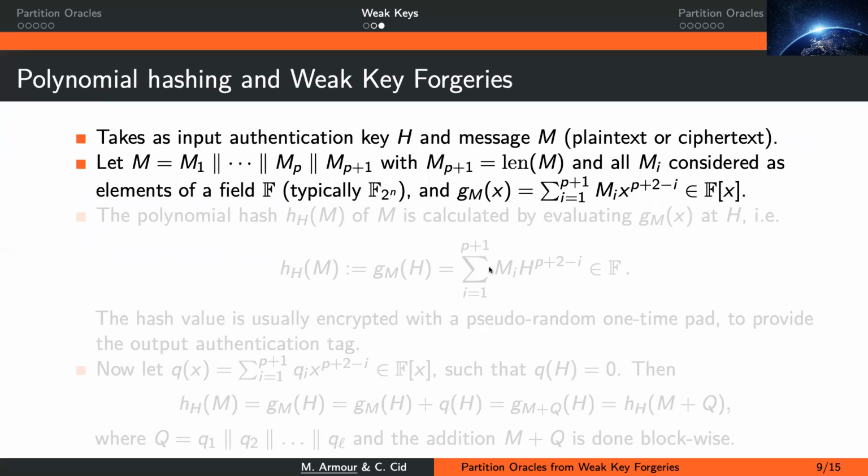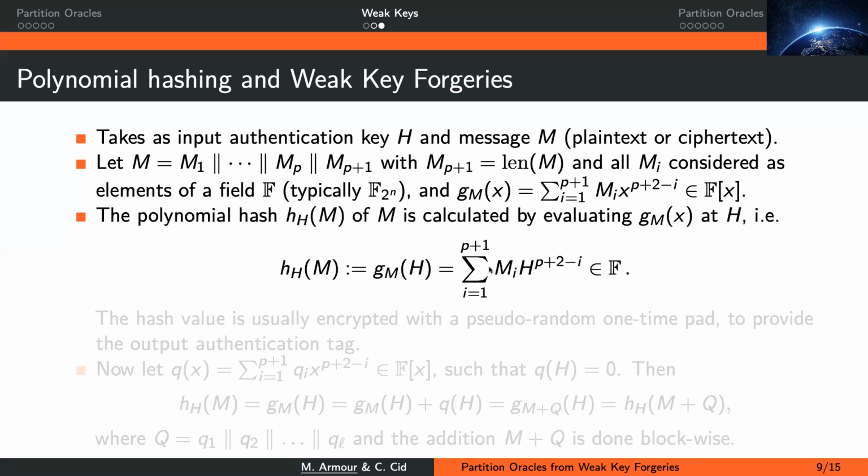First, split M into blocks and add the length of the message, with each of these blocks considered as an element of a field. And then construct this polynomial g_M of x, which has coefficients that are the blocks of the message, and is an element of the polynomials over that field F.